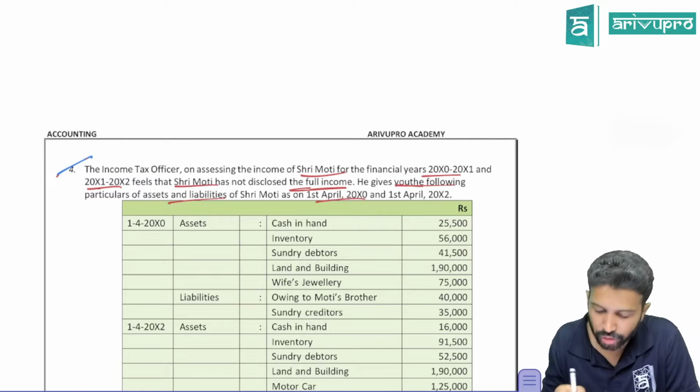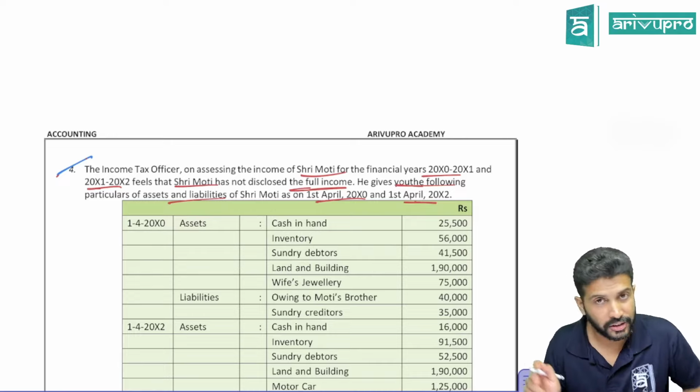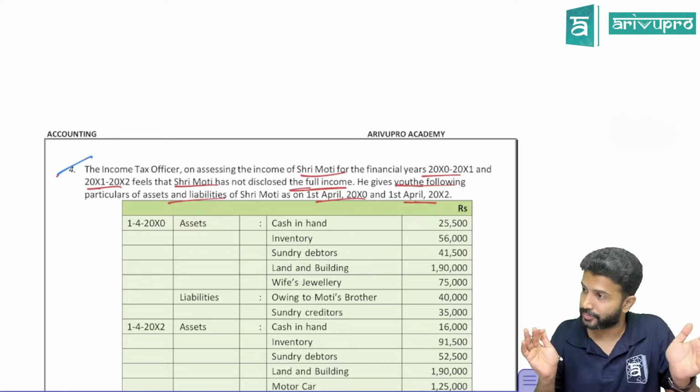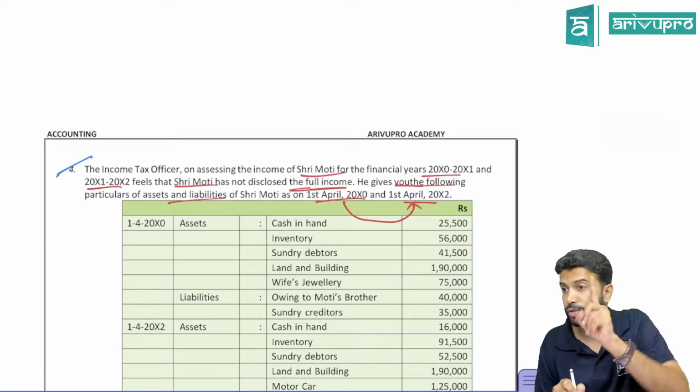He gives you the following particulars of assets and liabilities of Shri Moti on 1st April 20X0 and 1st April 20X2. There is a difference not of 1 year but of 2 years, from 1st April 20X0 to 1st April 20X2.